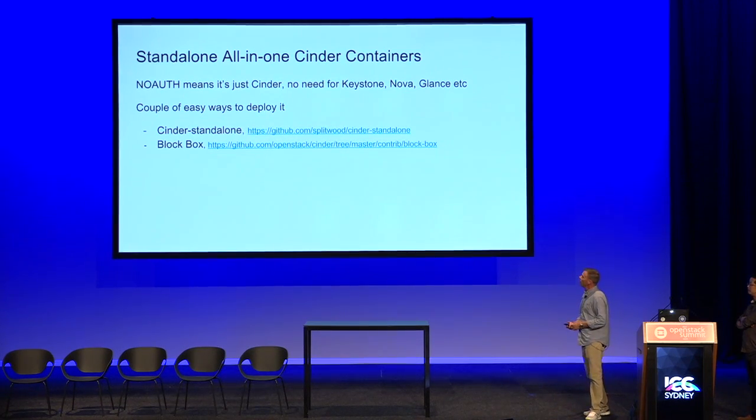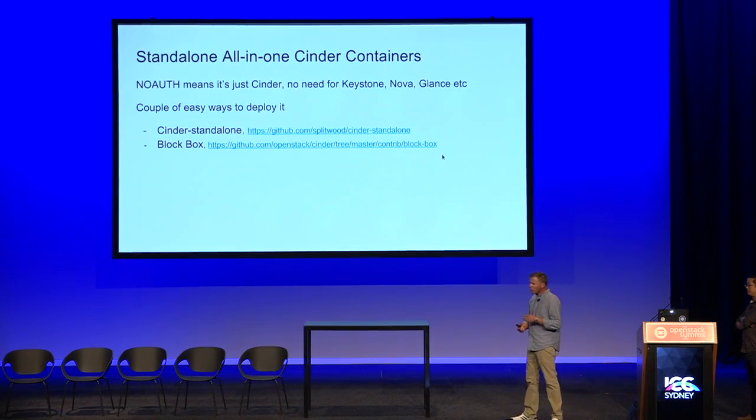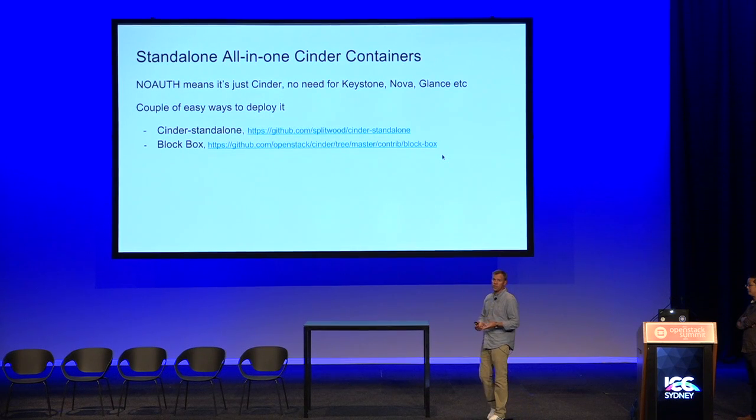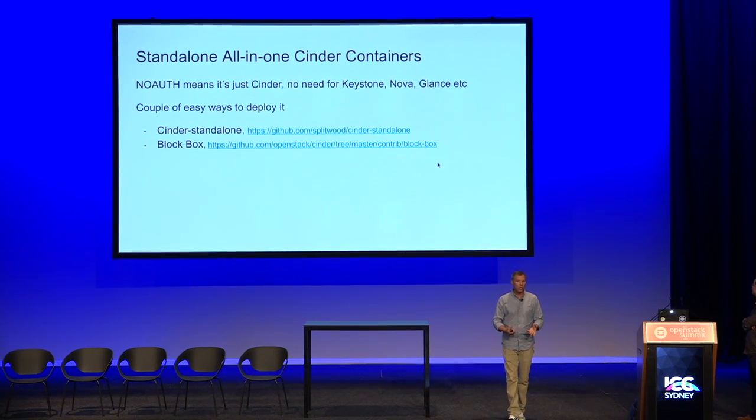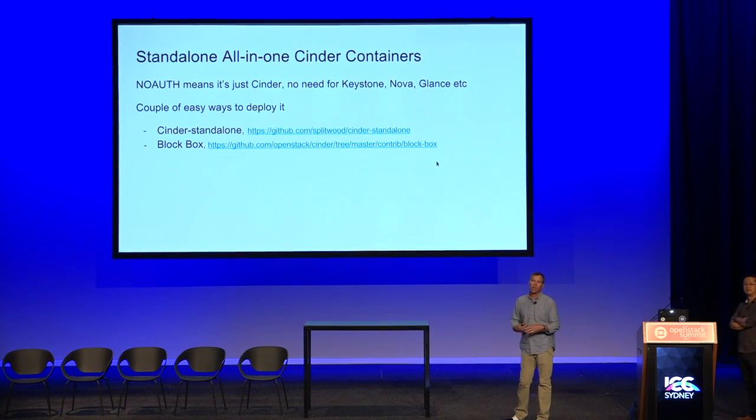One of the things you have here is a couple of options. When you do the standalone Cinder, you can do it truly standalone, as in nothing except for Cinder, which means you use the noauth plugin. So there's no Keystone, no credential checking or anything like that. You just use login and password.